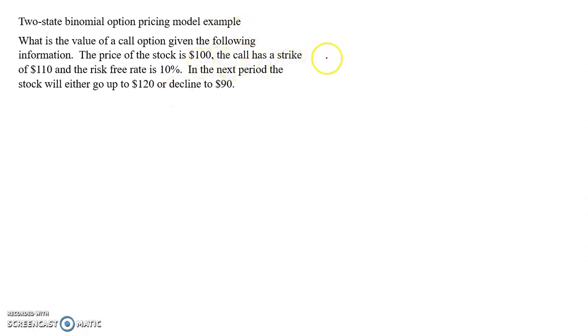What we have here is the stock, which can start out at $100. It's either going to 120 or to 90. And then we have a call, which we don't know how much it's worth, but remember the strike is 110.